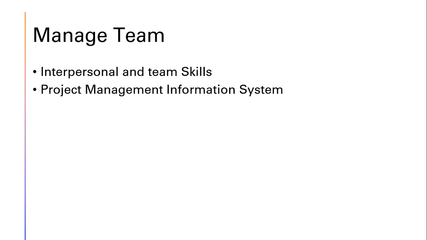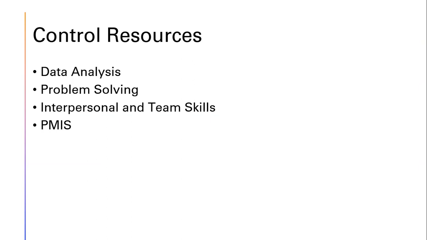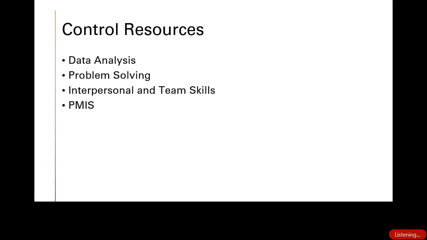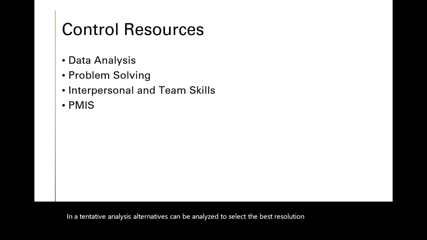The last process of project resource management is called control resources. In control resources, we have four tools and techniques. Number one is data analysis. It includes alternative analysis, cost benefit analysis, performance reviews, and trend analysis. In alternative analysis, alternatives can be analyzed to select the best resolution for correcting variances in resource utilization.